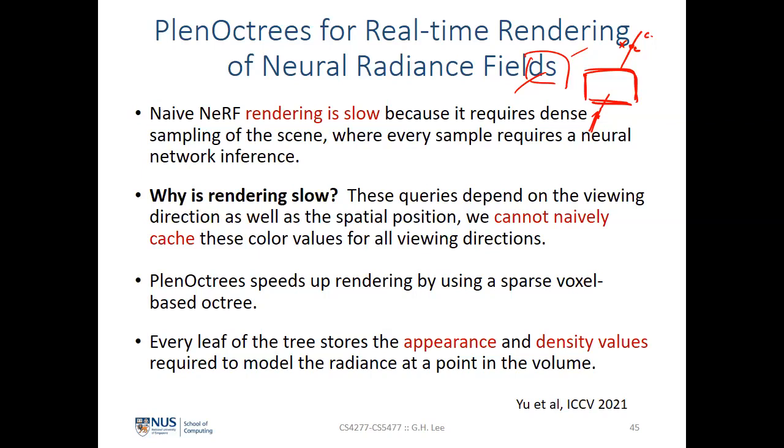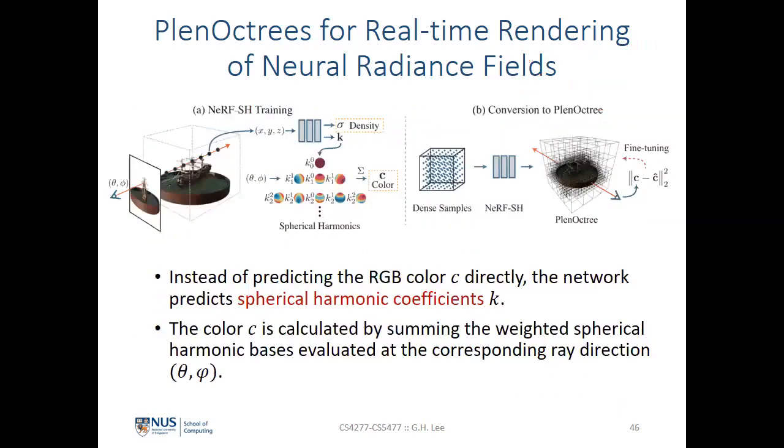You store it somewhere, then you can render it from any other view, by reusing all the color and the volume density. So this is exactly what Octrees does. What they realize is this. Just now I talked about the Fourier series, the Fourier encoding. So Fourier transform actually.